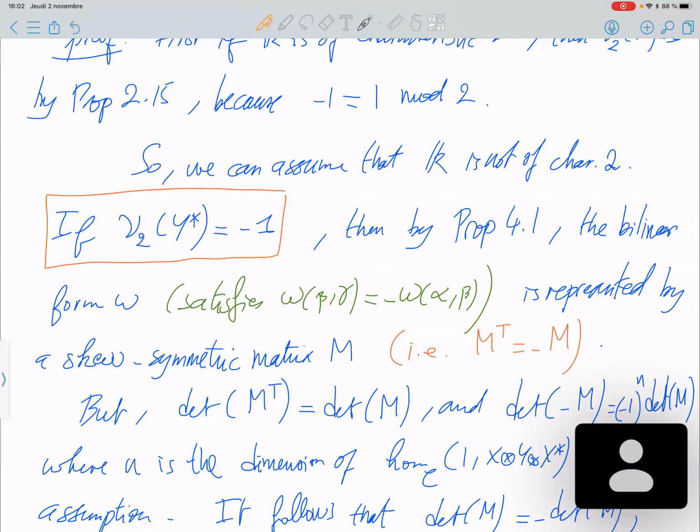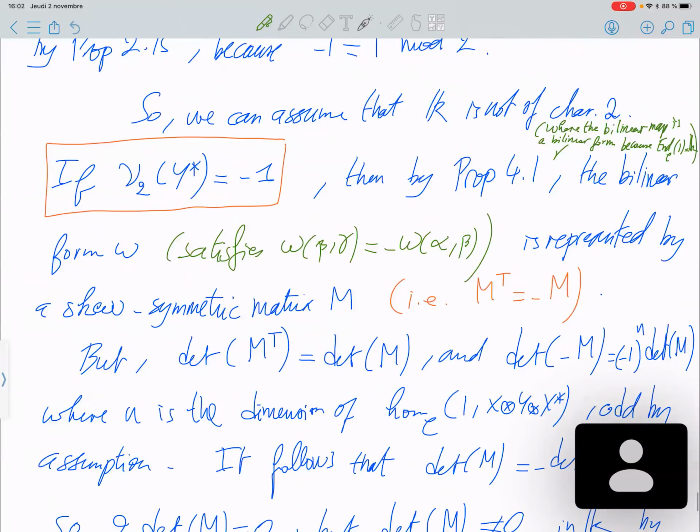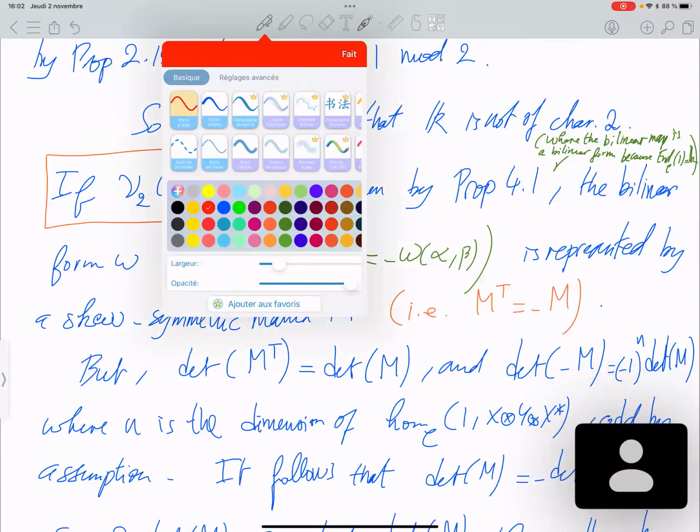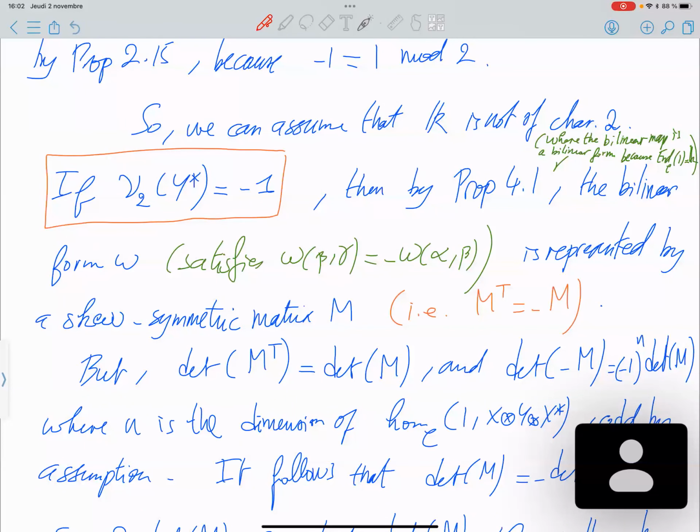Satisfy. So let me write it here. Where the bilinear map is a bilinear form because on C1 equal the field. So I guess that's required here.